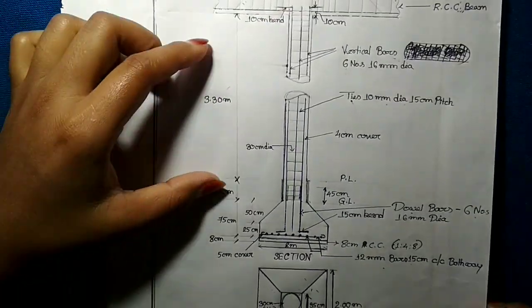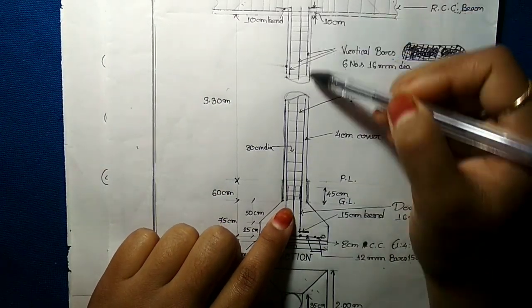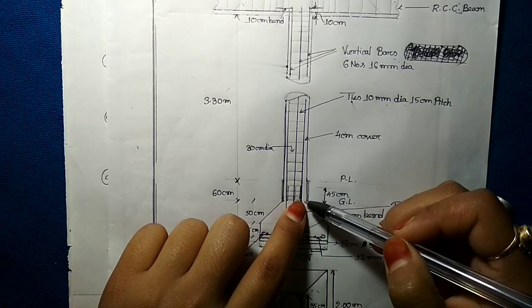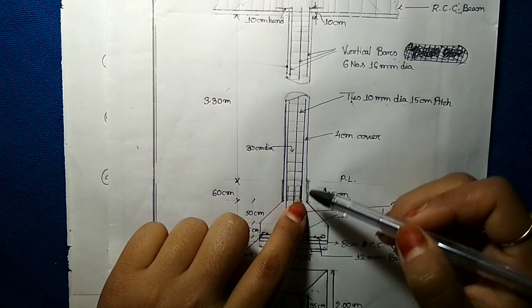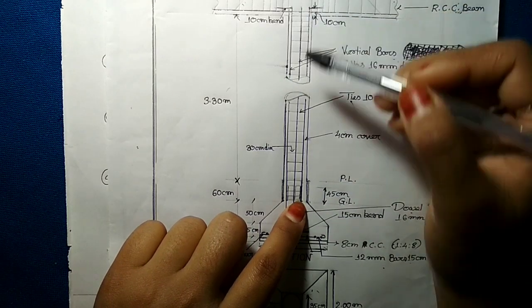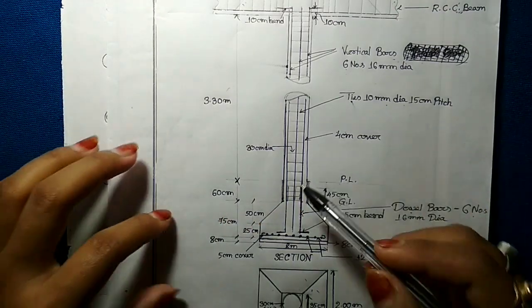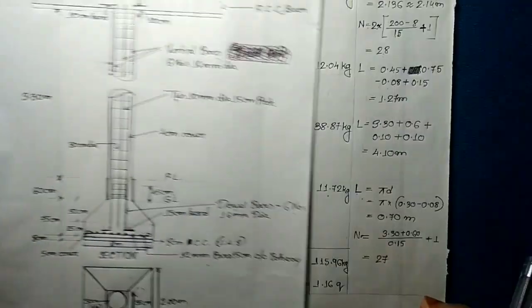For length, the vertical bar is from this point, that means from ground level we are placing from ground level to the beam. Okay, from ground level to plinth level it's 60 centimeter, and from plinth level to beam it's 3.3 meter.